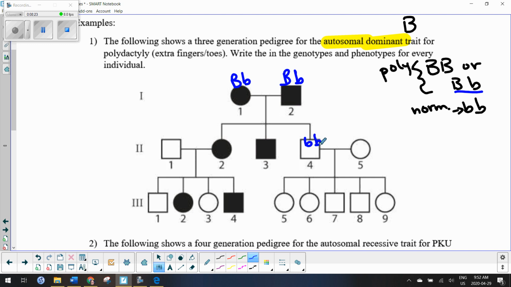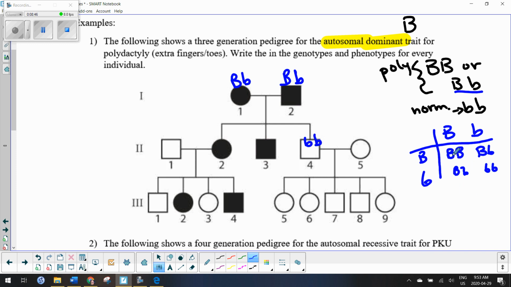Now, if I cross these 2 individuals, you should be able to, with the Punnett squares that you've done before, know what your ratio is. You should know that you get 1 big B big B, 2 big B, little b's, and then 1 little b little b. Now again, this is probability.